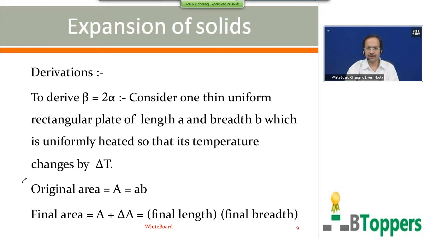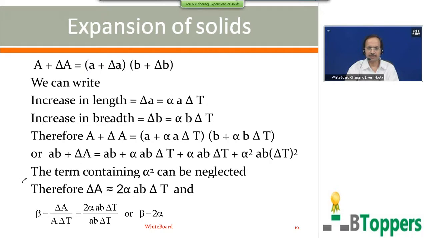So I am going to show the continuation to this. So final area you can write A plus delta A. Final length you can write small a plus delta a. Final breadth you can write small b plus delta b.